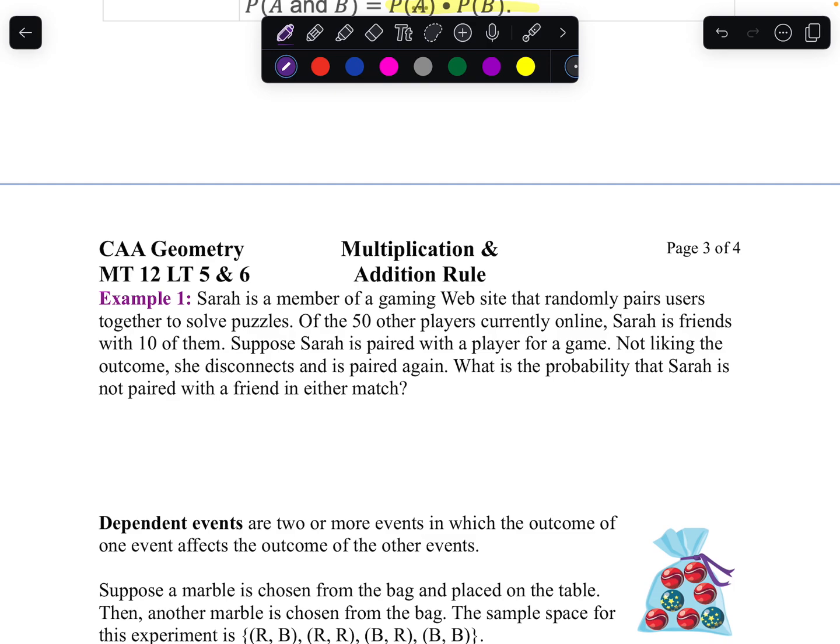Now they're independent because when she stops the game, she picks a new player from the same group. So the probability of not being a friend, since she has 10 friends, would be 40 out of 50. So the probability that she gets 2 non-friends, we're just going to multiply those together.